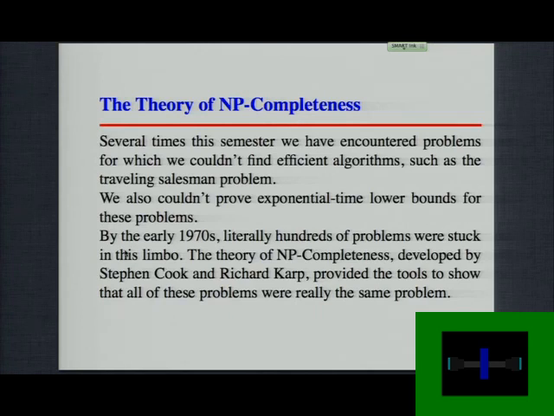Stephen Cook and Richard Karp did different parts of it, giving the tools to show that all of these problems that people couldn't solve efficiently were on some level the exact same problem. That's what this whole machinery is about: showing that all the hard problems in the world are on some deep level really the same thing. So if you can prove your problem is one of these hard problems, your problem is hard.